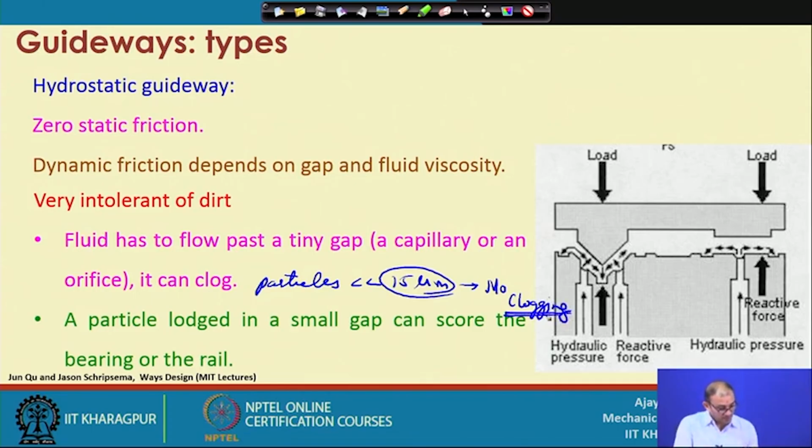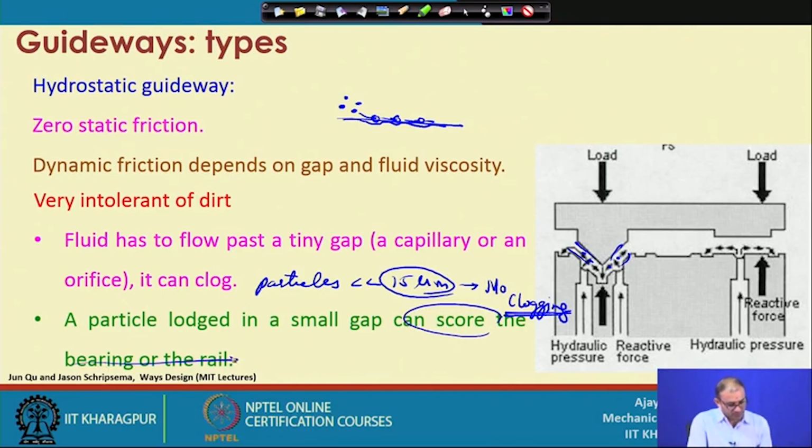But what is happening here is that if it is a small particle, and we know that this whole thing is a closed loop circuit, this particle may again come into contact with these surfaces. When one or more particles are contacting this surface and rubbing against this part, then not in a short duration, but after a long period of usage, this surface may develop some deformation or material removal, abrasion wear, and because of that there is scoring of the rail.